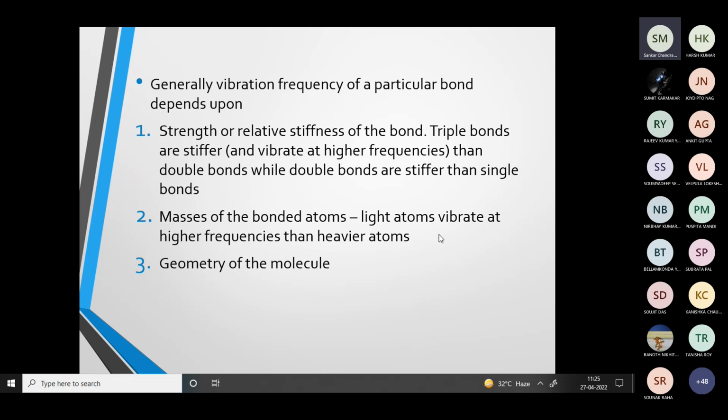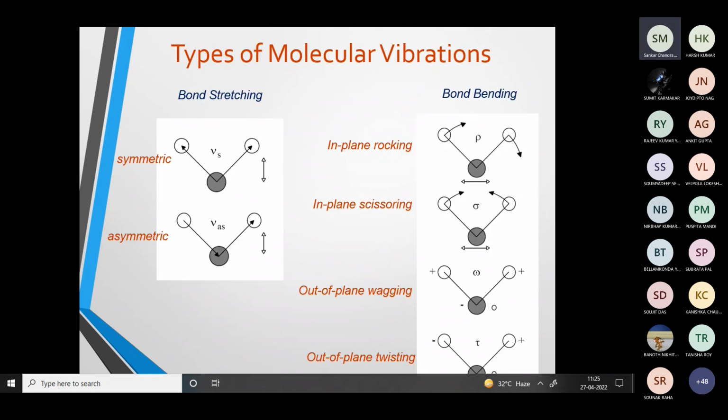It also depends on the geometry, cis or trans, or other steric factors, which also govern the frequency. Now I will tell you about the different types of bond bending and stretching. Bending and stretching are two different terms.